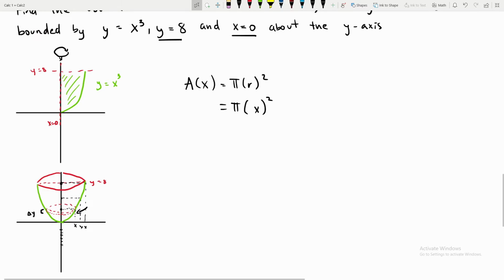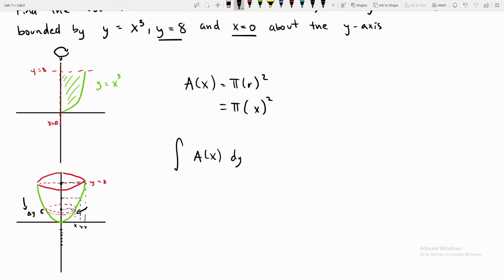So now that we have found, in a sense, the area of these cross sections, what we want to do is sum them up using the integral. And we can do that by taking a look at the bounds. So firstly, one thing we can notice is that we will no longer be integrating in terms of x. And the biggest giveaway is this dy.